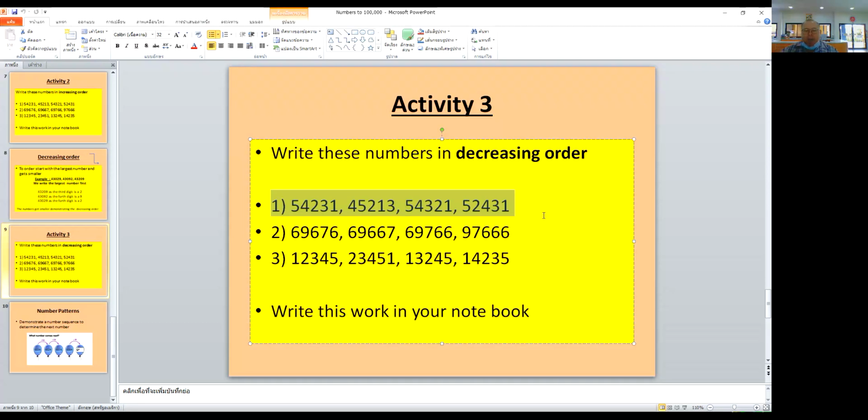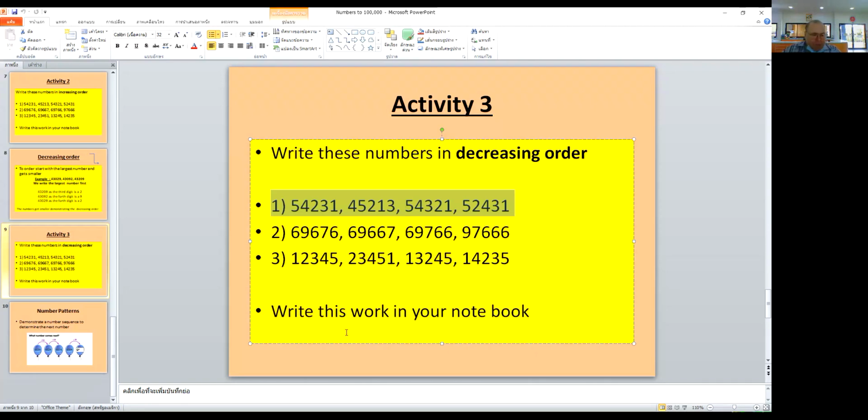Our second number would be 54,231. Our third number, we have to have a look at the other 2 numbers. We have 45,000 or 52,000. 52,000 is larger than 45. So we would write the 52,000 in position number 3 and the 45,000 in position number 4.